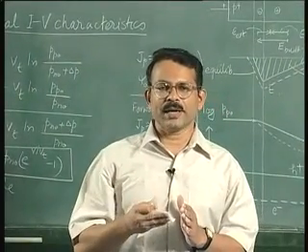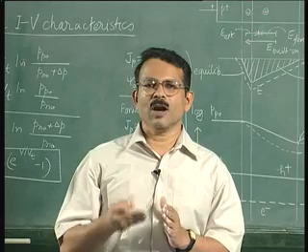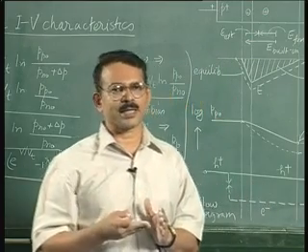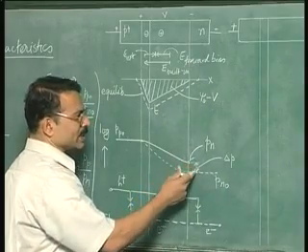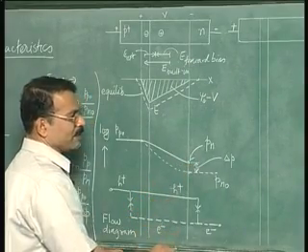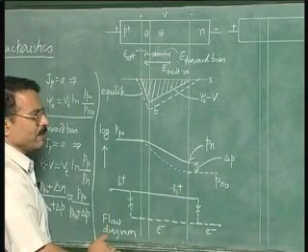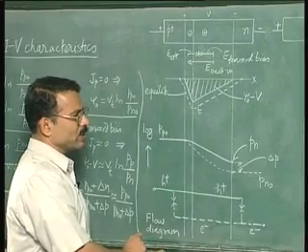So now you will appreciate why we assume the quasi-neutral regions to be very long compared to the minority carrier diffusion lengths in the regions for ideal IV characteristics, because the minority carriers are moving by diffusion, and therefore you get an exponential decay, and in the exponent you have the diffusion length of the minority carriers.